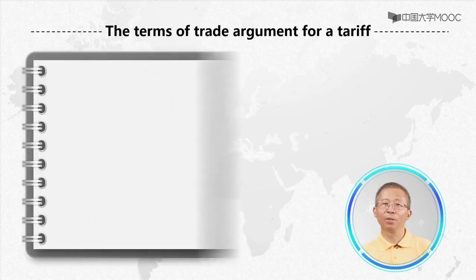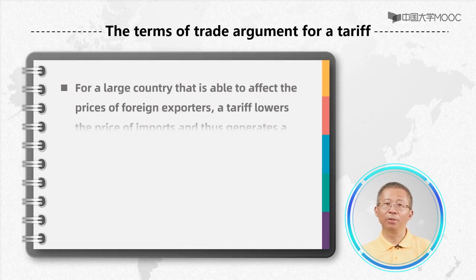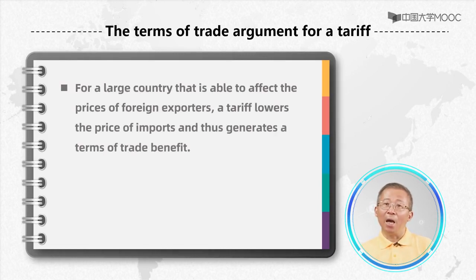This argument for deviating from free trade comes directly out of cost-benefit analysis for a large country that is able to affect the prices of the foreign exporters. A tariff lowers the price of the imports and thus generates a terms of trade benefit.